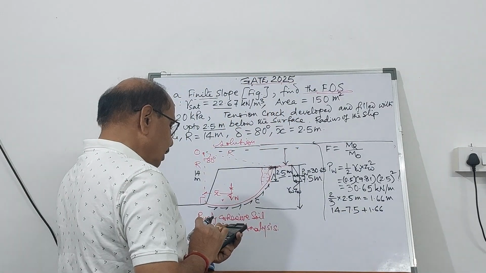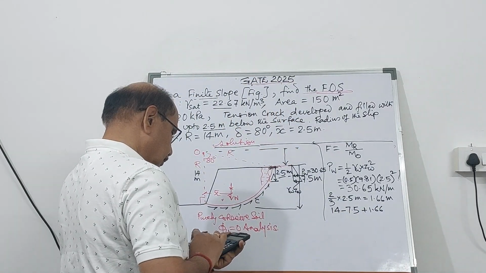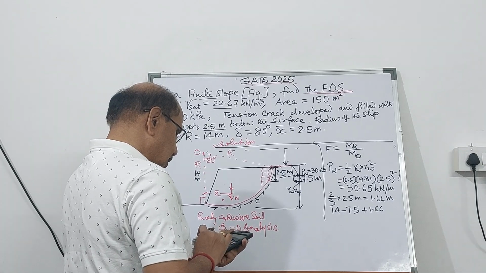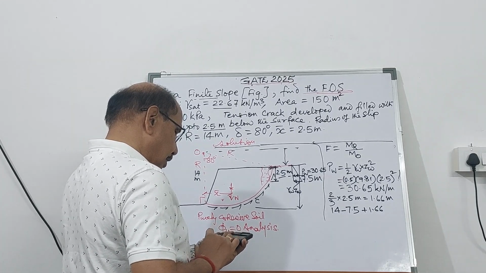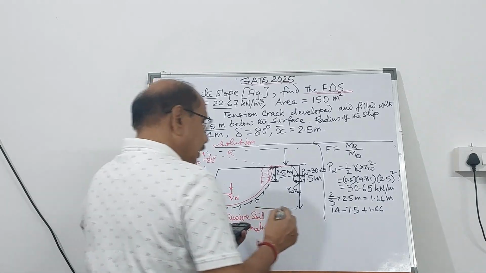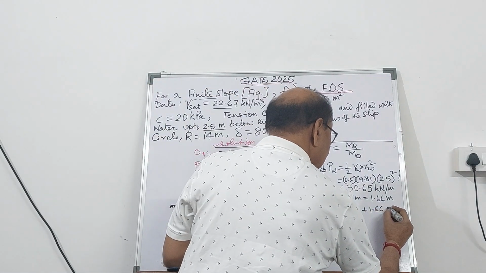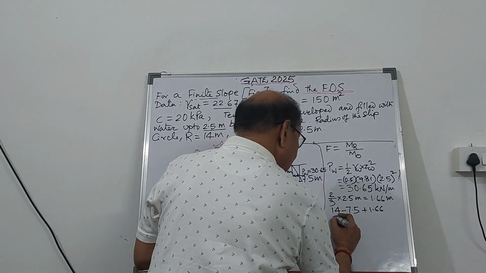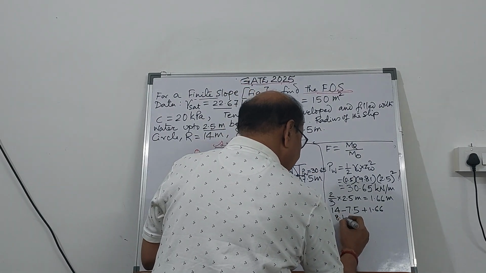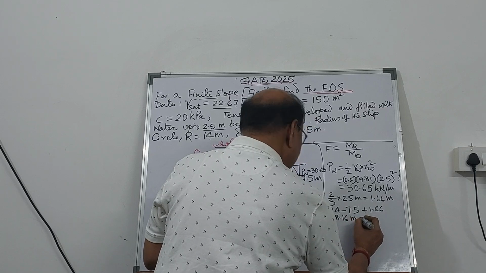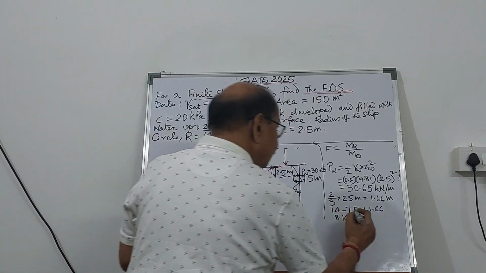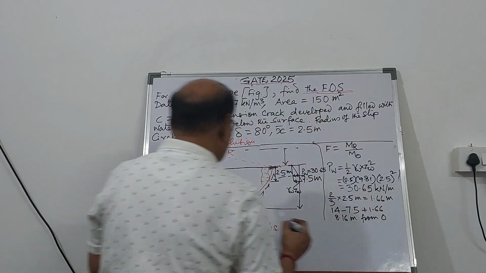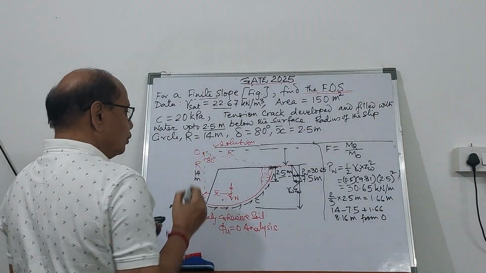So 15.66 minus 7.5, that is 8.16. So the force is acting at 8.16 meter from O, the center of rotation. This is the point O.